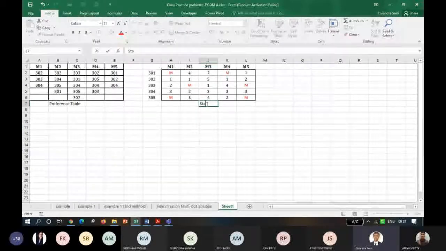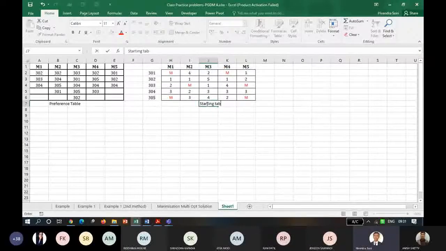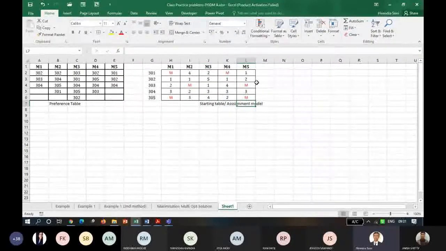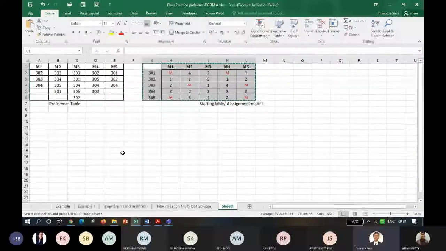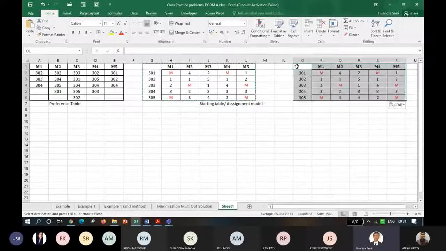This is my charting table or assignment model. Okay. Now after this, पहला काम क्या करेंगे? Row minimization. Correct.